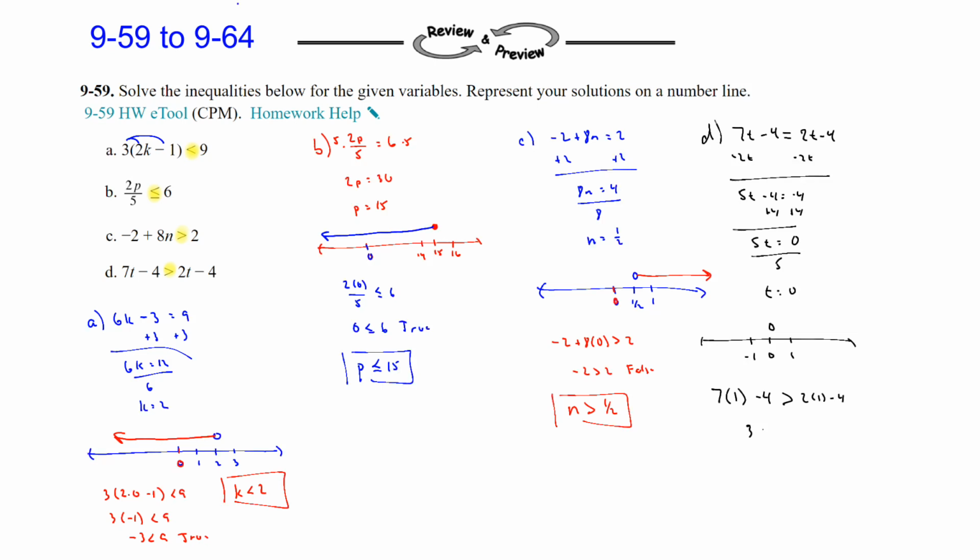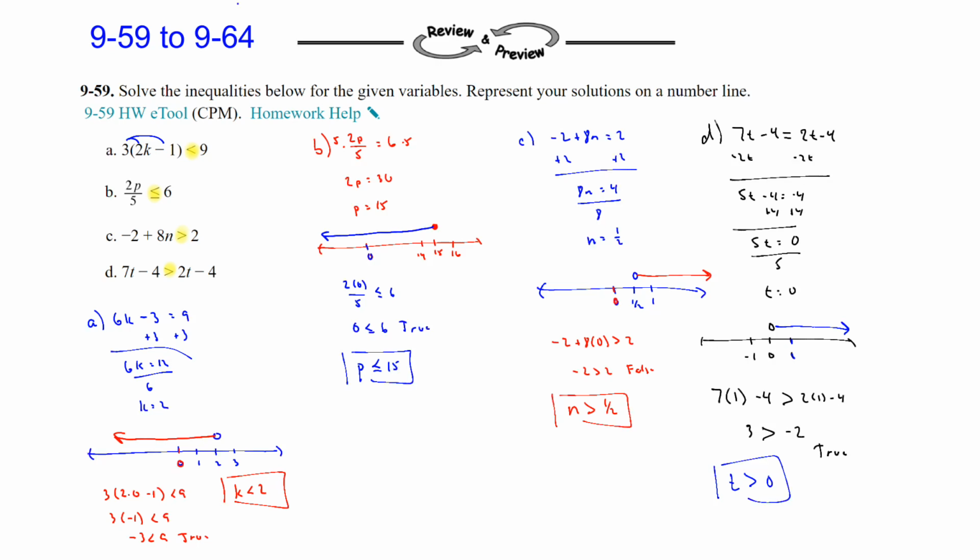So therefore 3 is greater than 2 minus 4, which is negative 2. So is 3 greater than 2? Yes, it is. So at that point, since we tested the number 1 this time, and it's true, then we will go to the right of 0. So all values of t that are greater than 0.